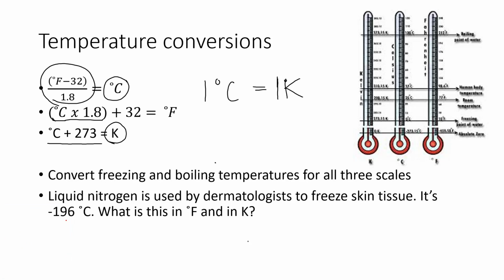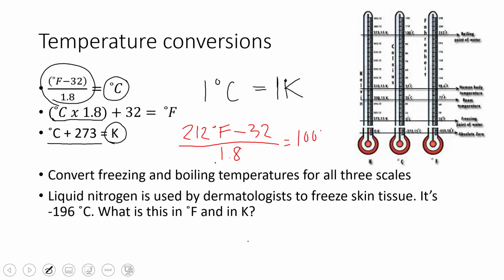Let's say that my boiling is 212 degrees Fahrenheit, minus 32 divided by 1.8. So 212 minus 32 is 180, and 180 divided by 1.8 would give me 100 degrees Celsius.